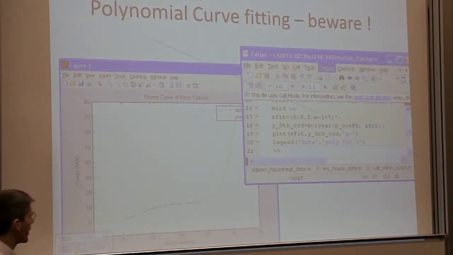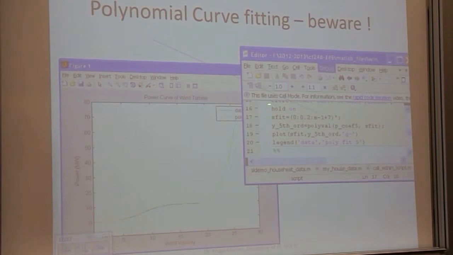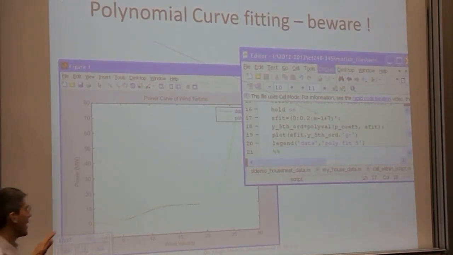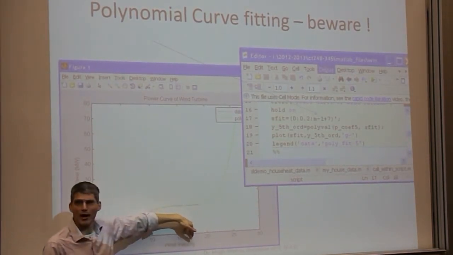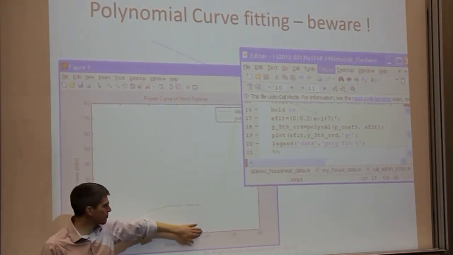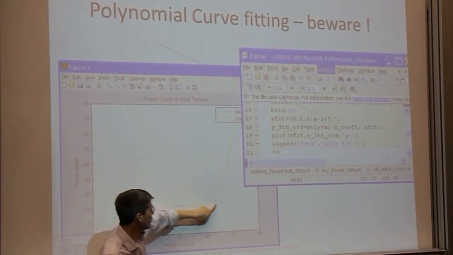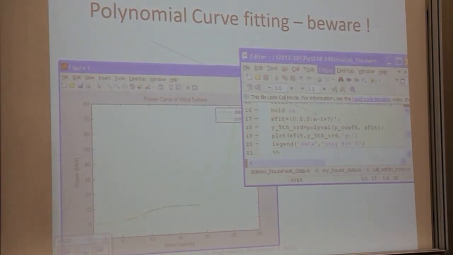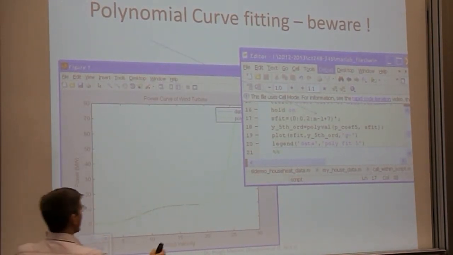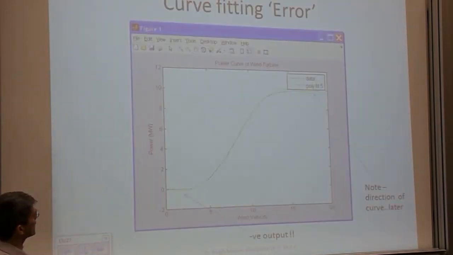And just to show you that, what I've done here is, okay, I generate my P coefficients in that script, and then I replot the curve, but I extend it beyond 16 or 17, or beyond 20 meters per second. And as you can see, beyond 20 meters per second, that curve takes off to the sky. So this part of the curve here is essentially what you see here.